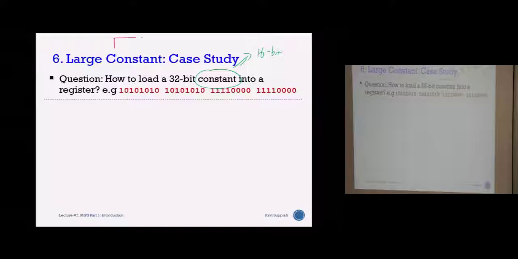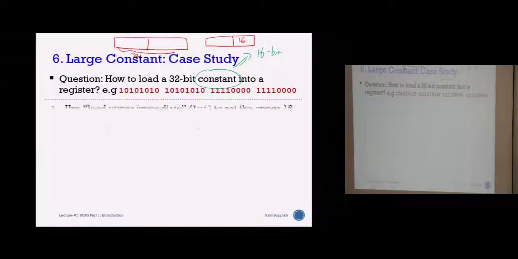My register here is 32-bit, total is 32 bits here. But with my load instruction, I can only load the last 16 bits, correct? So how am I going to load a 32-bit value into a 32-bit register when my immediate instruction can only hold 16 bits? To do that, I must do two steps.